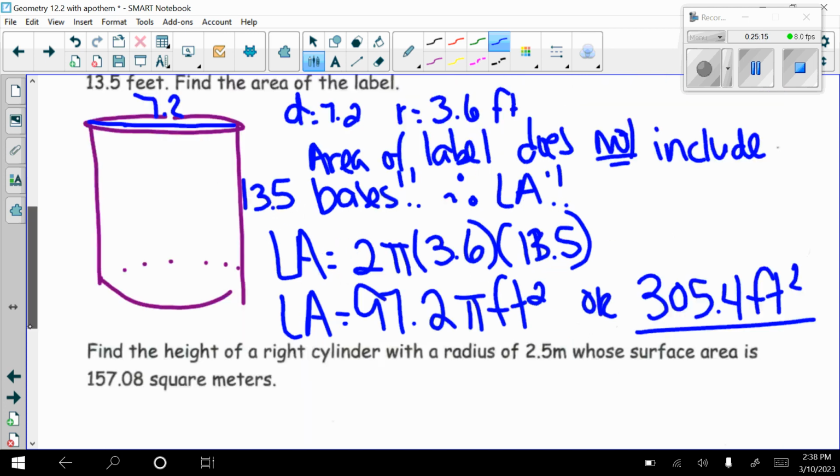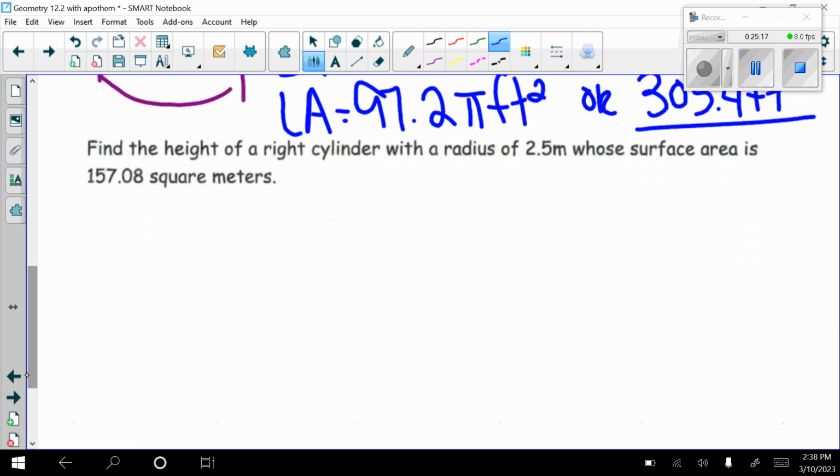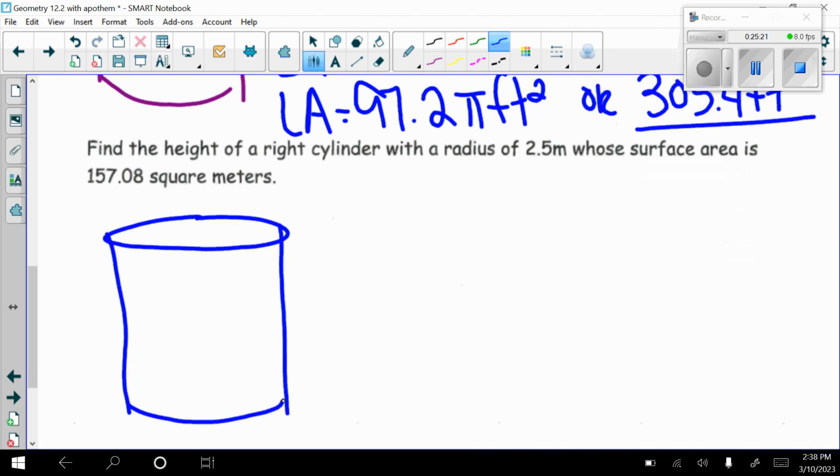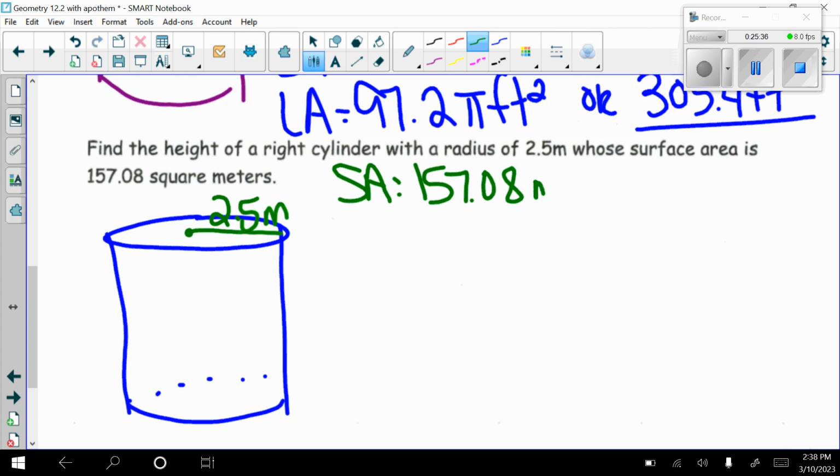All right, last problem. Find the height of a right cylinder. So I'm just going to draw the picture of this. So I have my right cylinder. It has a radius of 2.5 meters. They give me the surface area of 157.8 square meters.